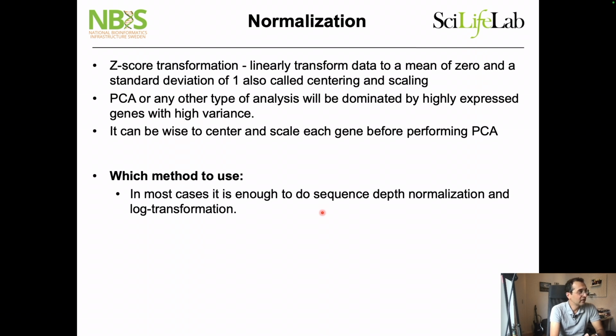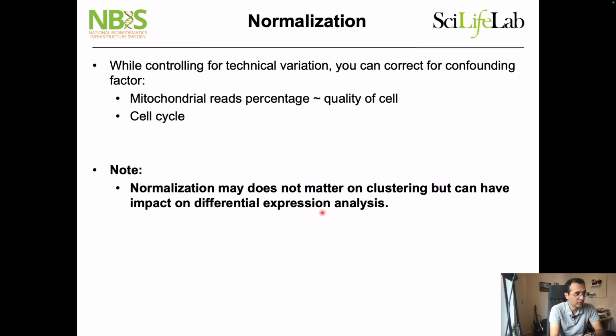So scaling like this for each gene helps to have a better performance of PCA. Of course, it's an immediate question which method to use. In most cases, it is enough to do depth normalization. It suffices for most of the cases, and log transformation.